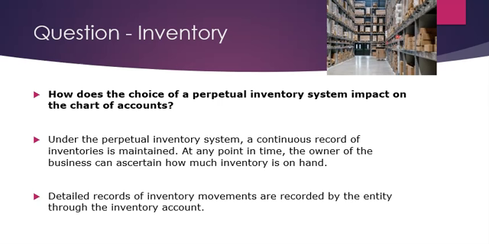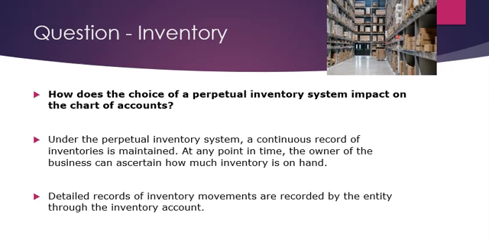Now under the perpetual system, a continuous record of inventory is maintained. At any point in time, the owner of the business, or the warehouse in this case, can ascertain how much inventory is on hand. Detailed records of inventory movements are recorded by the entity through the inventory account.